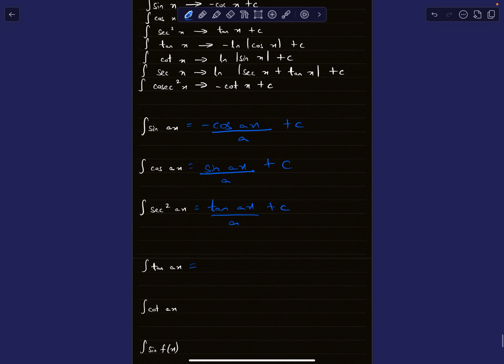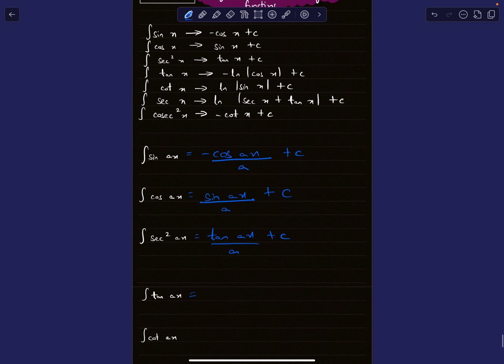I'll do a few more examples, such as tan ax. The integral of tan was minus ln, and we divide the whole function by the differential of ax.